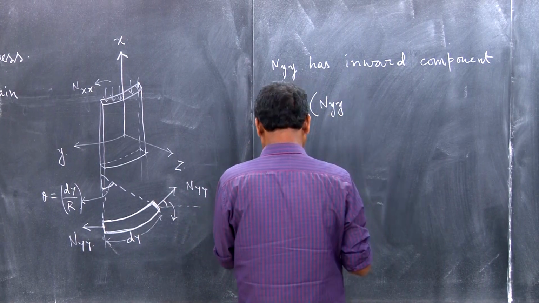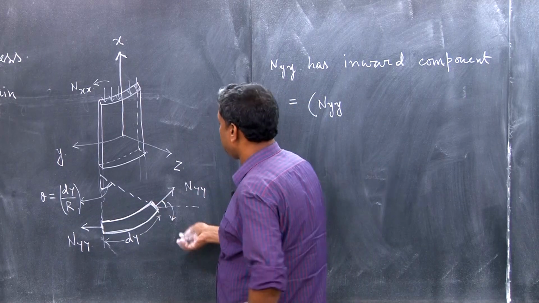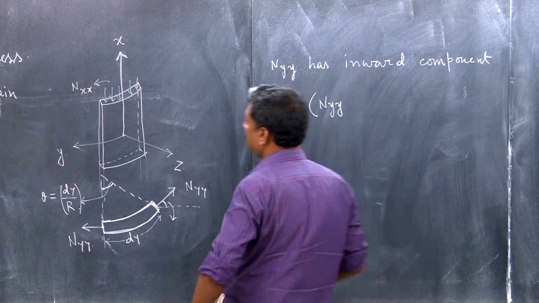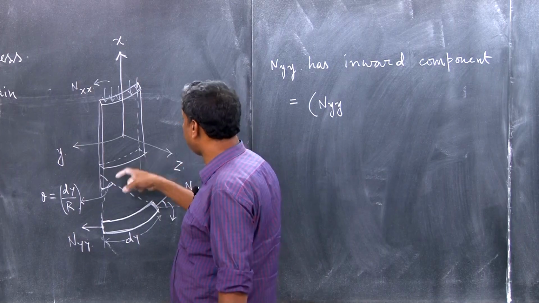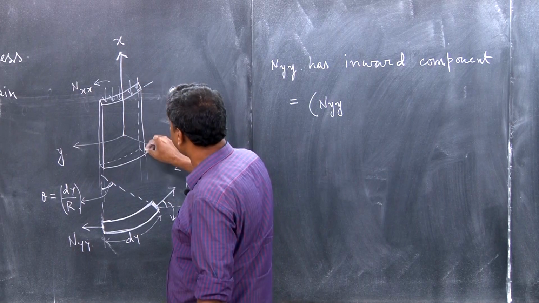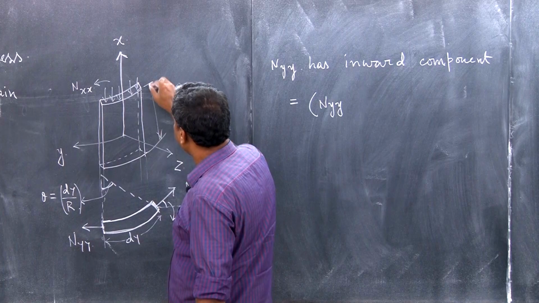If you consider this small section, this is dy and this is dx. I am considering equilibrium of a small section.